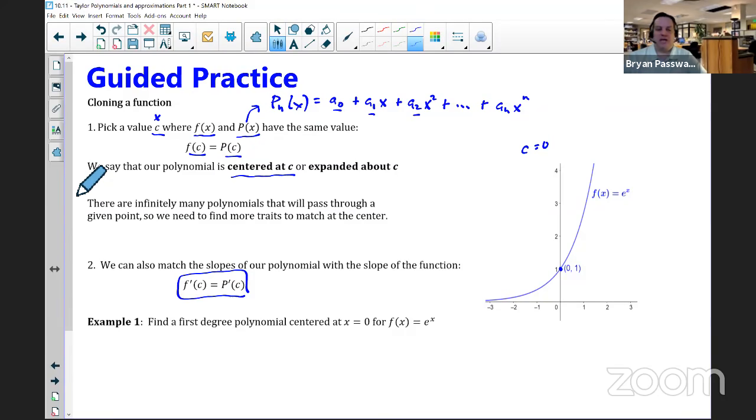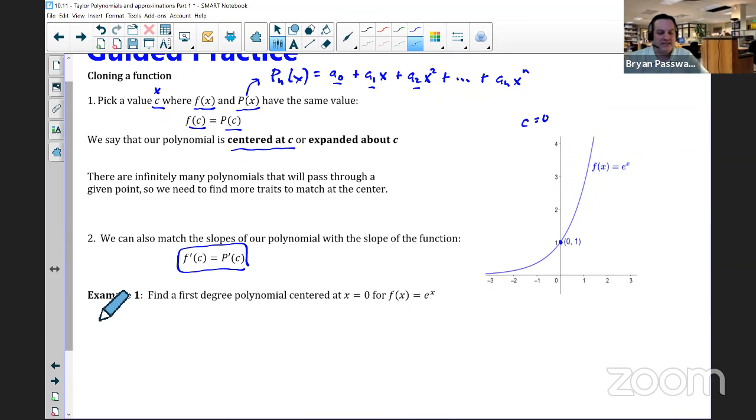So let's look at a couple of examples so we can take some of this abstractness and put it into some concrete ideas. We're going to create a first degree polynomial centered at x equals 0 for the function e to the x, and e to the x is the same graph that was given there. Typically when we're writing one of these polynomials, there are 3 really important pieces of information in the problem that we need to know.